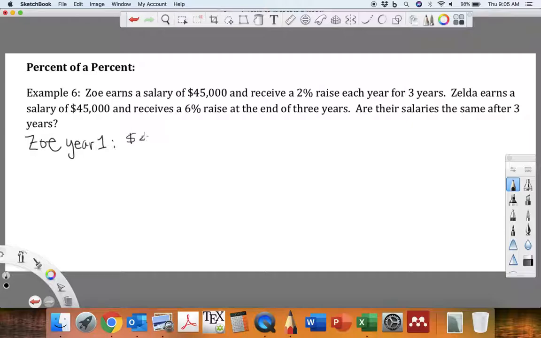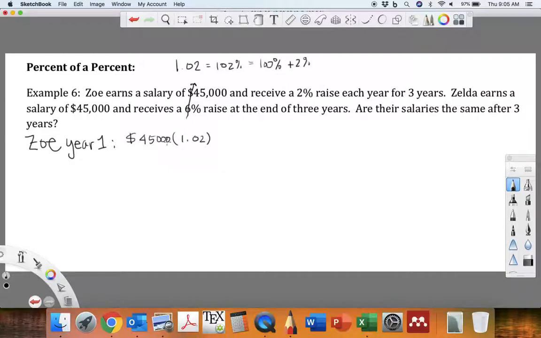She's going to get her $45,000 and she's going to get a 2% raise. And this is a 1.02 or 102% because she's going to get her salary plus 2% more. And remember, this is 102%, and it's 100% plus 2%.